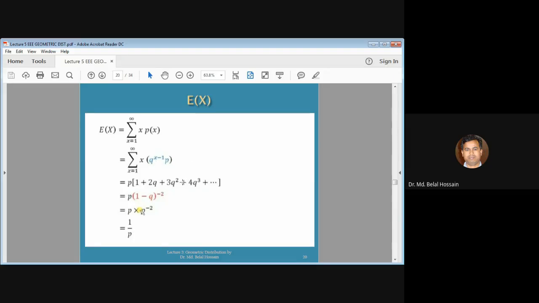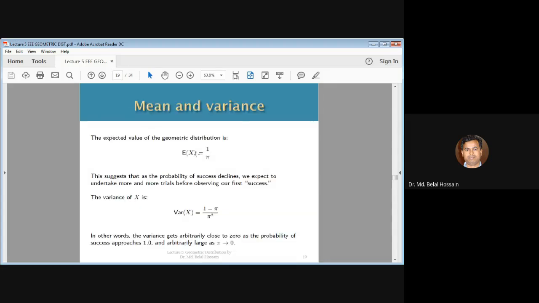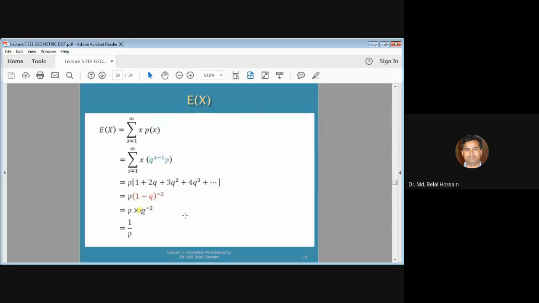So putting the values here, x equals 1 to infinity, if we put the values and take p out common, then it is a series of binomial theorem. It can be written as 1 minus q to the power minus 2, 1 minus q is p to the power minus 2 means p square, p by p square is 1 by p. So that is the mean of geometric distribution, 1 by p or 1 by pi.